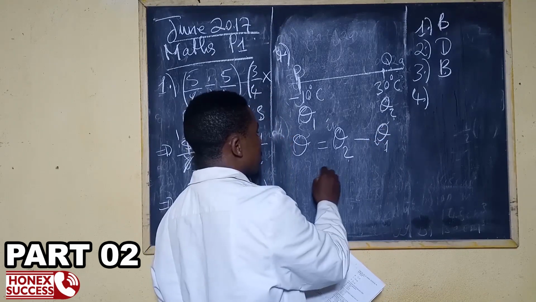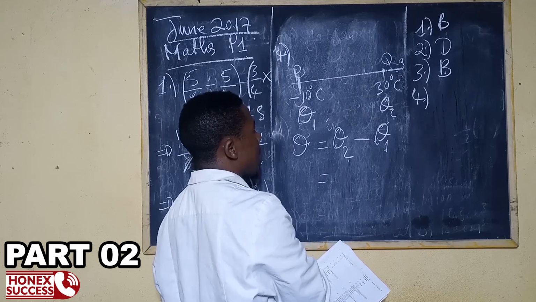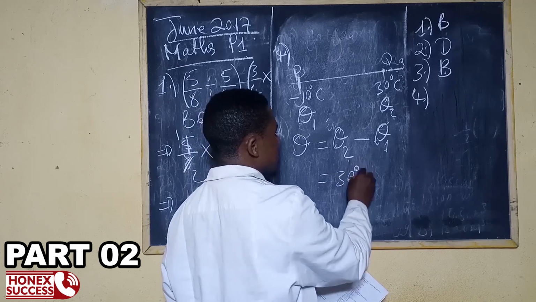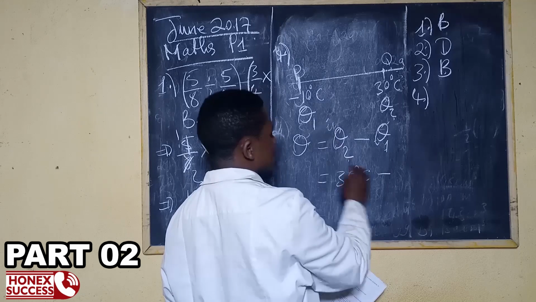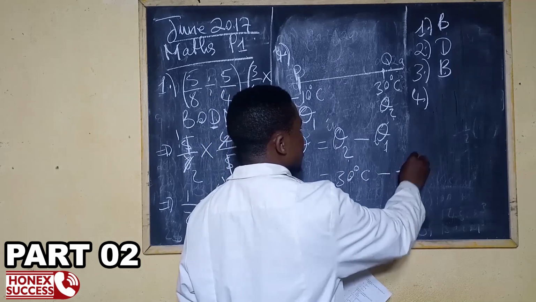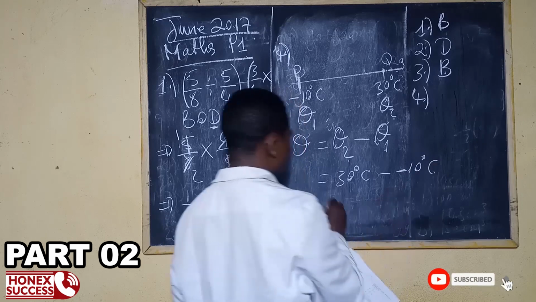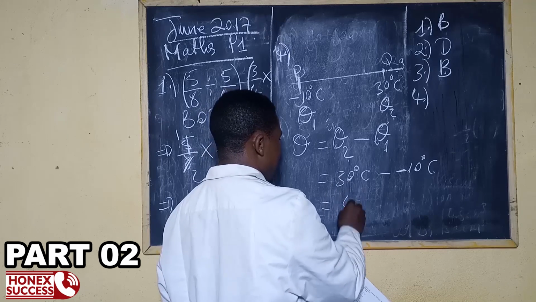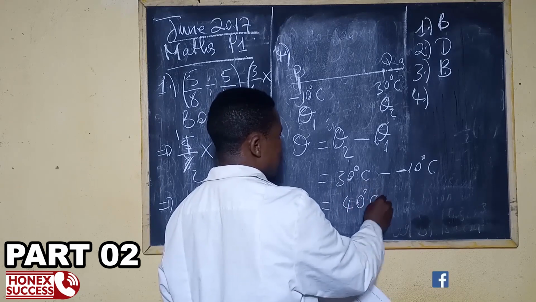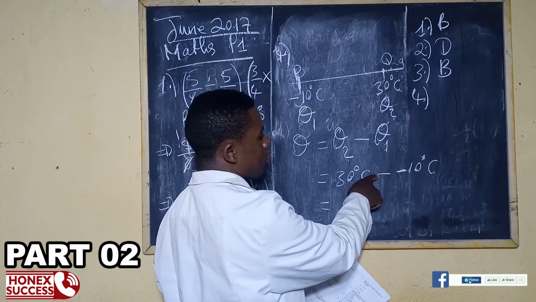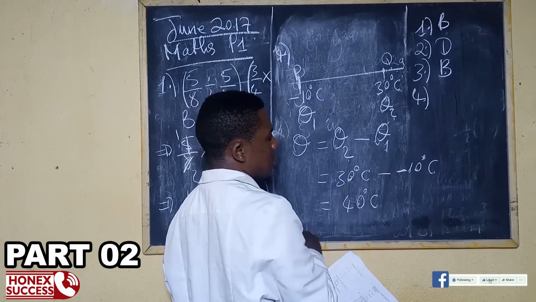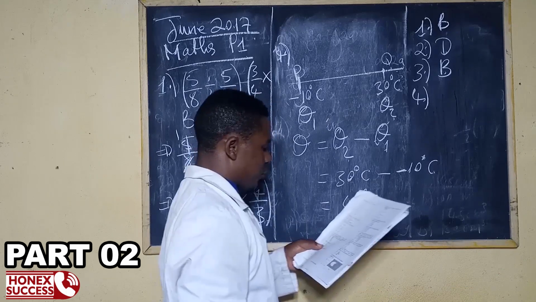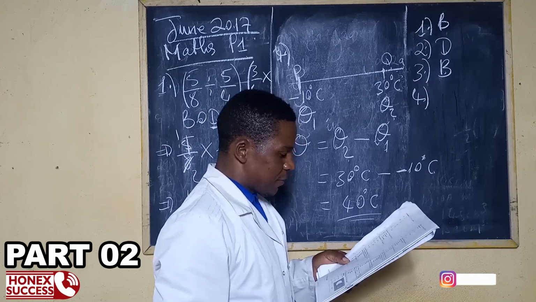Theta 2 is 30 degrees Celsius minus minus 10 degrees Celsius, which is going to give us a temperature increase of 40 degrees Celsius. Why is it 40? Because when we have two minus signs, they turn to positive. So that's the value. If you look at the options that are given, you will see that A is the right answer. We'll go to the answer sheet and write the value A.